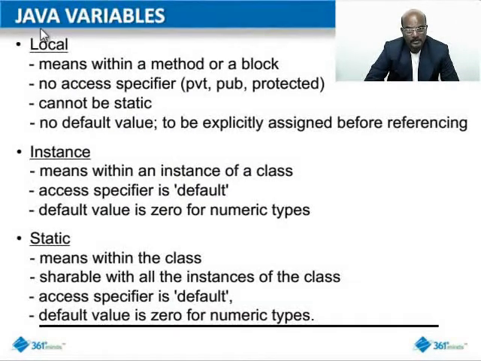Java variables. The Java variables that we are going to see today are local, instance, and static. A local variable is a variable that is given inside a method which cannot be used anywhere else, it does not have a default value, and there cannot be any access specifier.